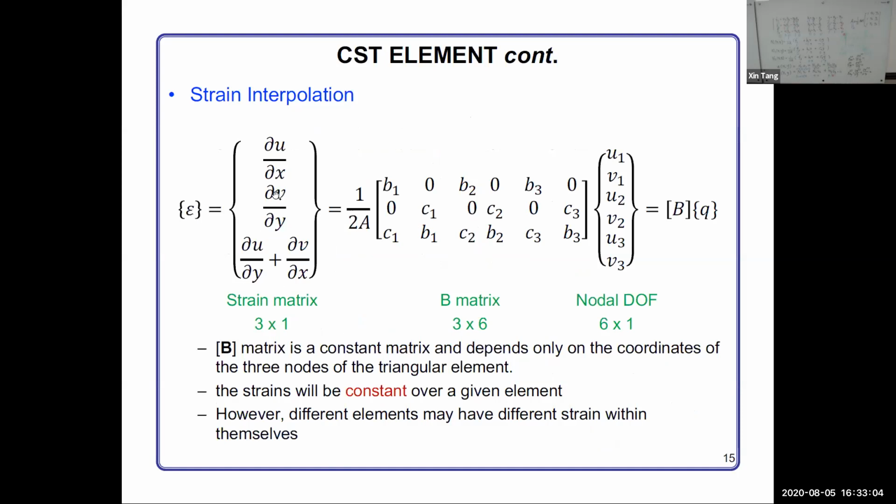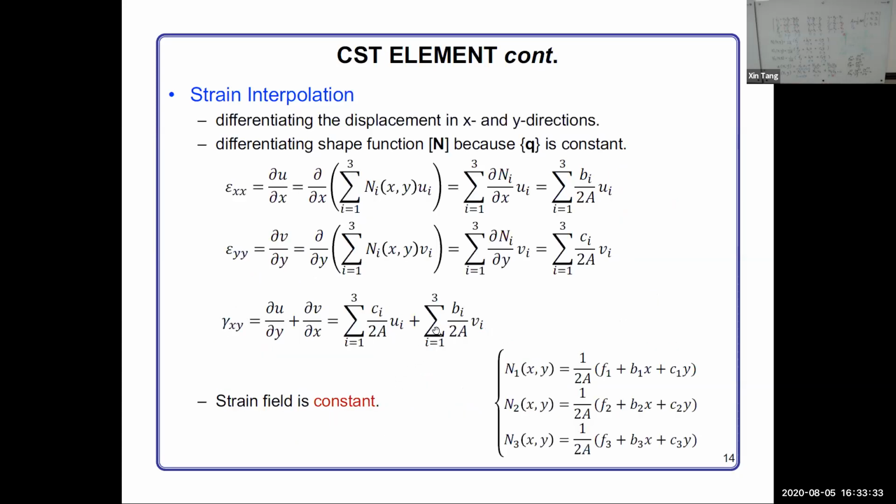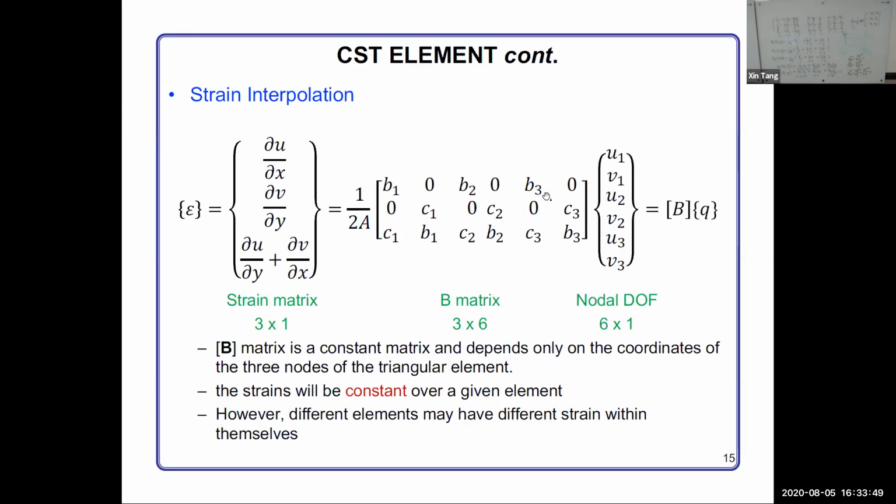You write the strain as a 3×1 matrix, and it can be written as a 3×6 matrix: B1, B2, B3, 0, 0, 0 in the first row, then 0, 0, 0, C1, C2, C3, and then C1, B1, C2, B2, C3, B3, times the degree of freedom matrix Q, which is 6×1. This comes from here: if you expand all these 3 together and extract the U and V, the equation set can be rewritten in matrix form.